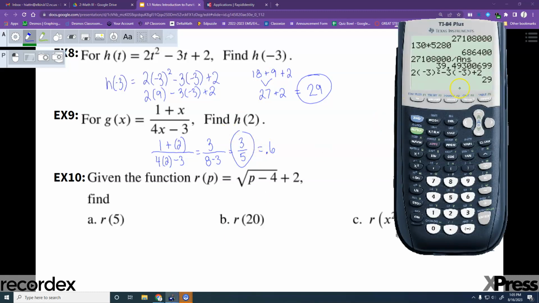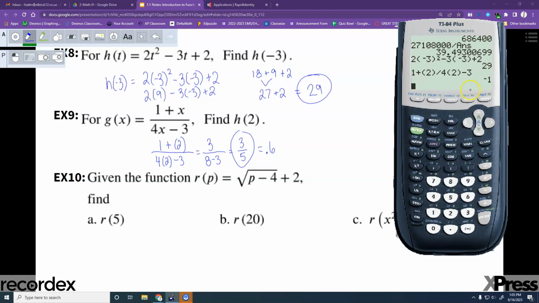Look at what happens if I type it into the calculator like this. I get negative 1 as the answer. It's not going to do it correctly if you just type it in.